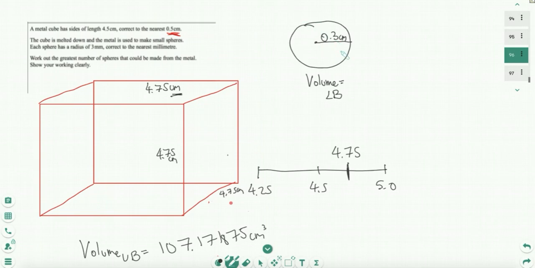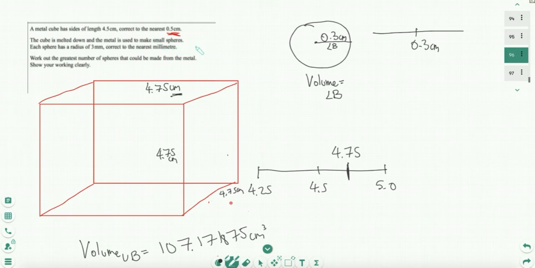And now we have to find the volume of the sphere. Well, if I want to find the smallest possible volume, we want the radius to be as small as possible. Smaller the radius, the smaller the volume. So we're going to find the lower bound of the sphere radius. So it's going to be 0.3 centimeters to the nearest millimeter. Okay?